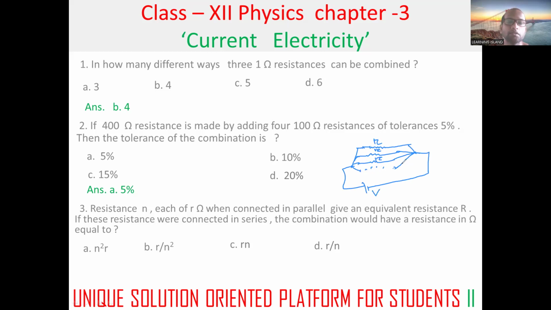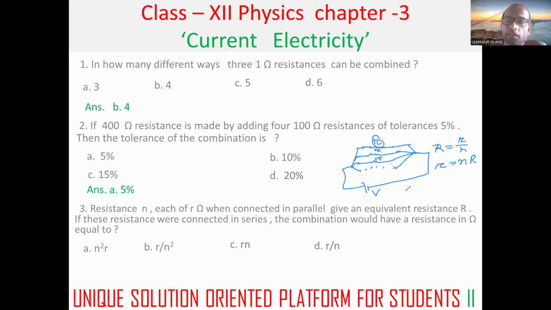If you connect them parallelly, then total equivalent resistance becomes capital R. So here you can say R equal to r by n, because in parallel connection, equivalent resistance is like this. Number of resistors n, the value of each resistor r, so r divided by n. This is the value of R. So from here I can get small r equal to n into capital R.